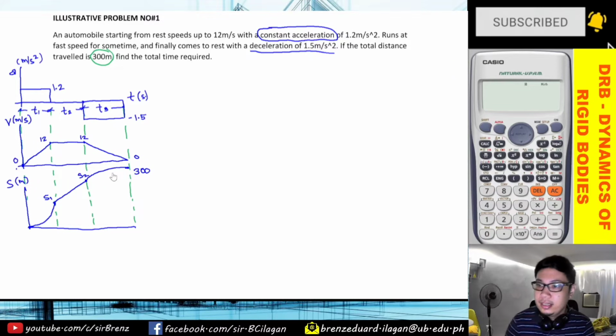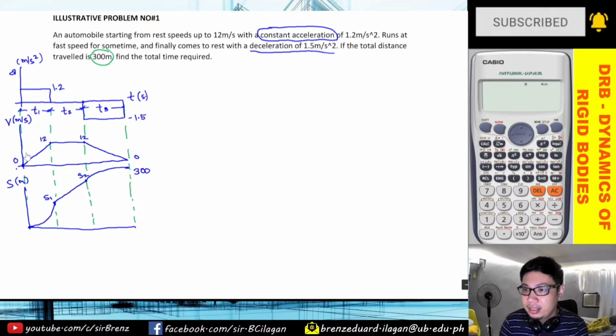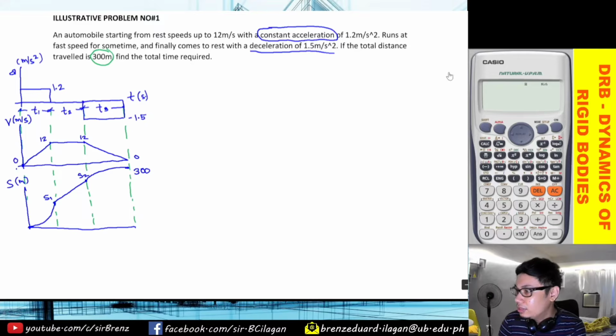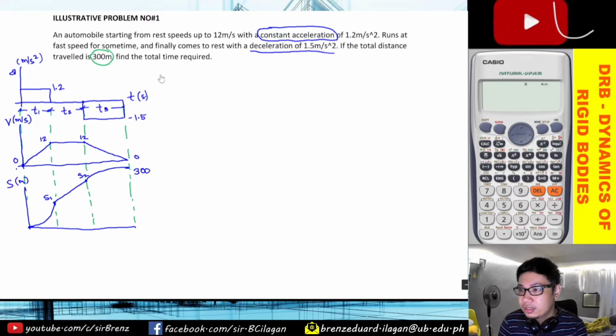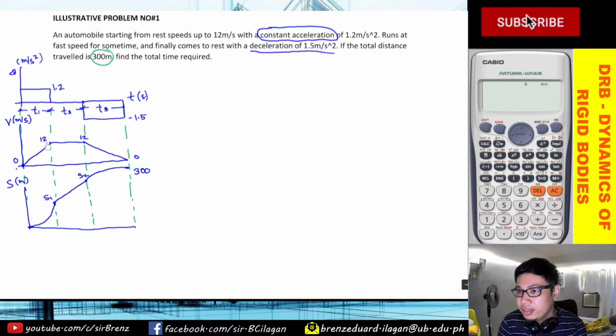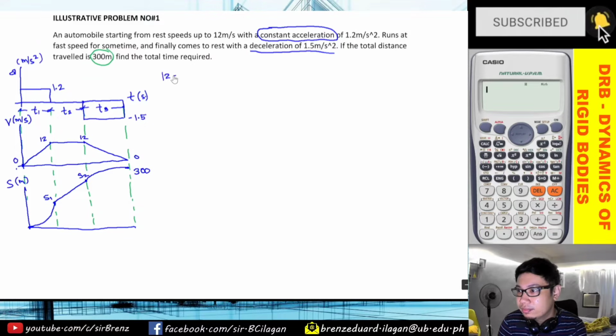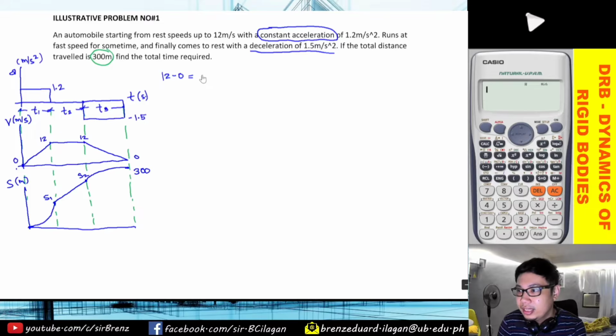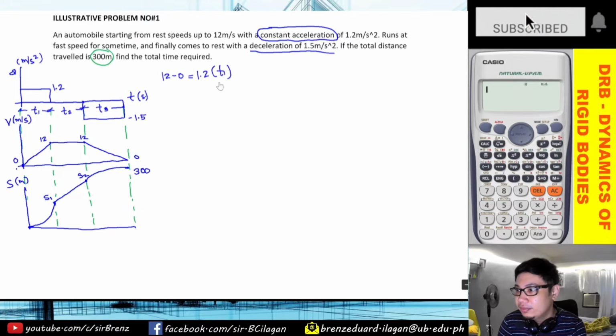Unahin natin itong para dito sa shear. Again, yung shear mo is i-ano natin yung conventional solution. Di ba yung shear, or ito yung magiging V2 natin? So, that is 12 minus 0 is equals lang sa area nitong diagram natin na ito, or that is 1.2 multiplied by T1.